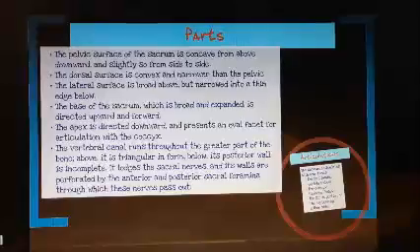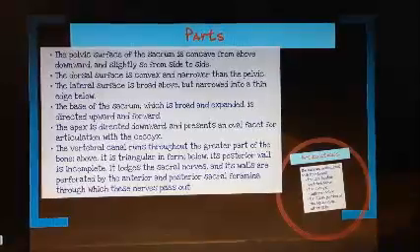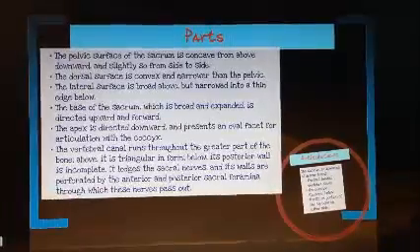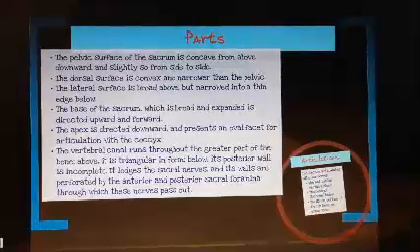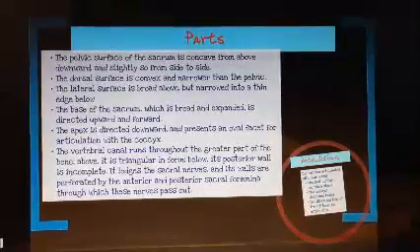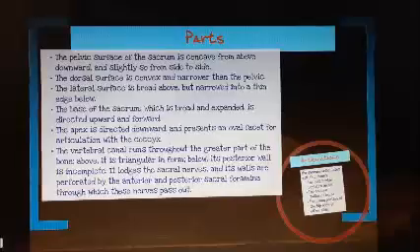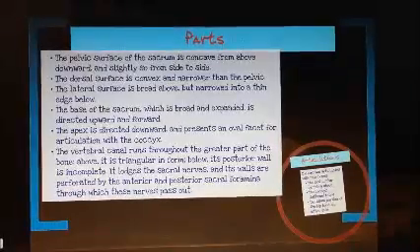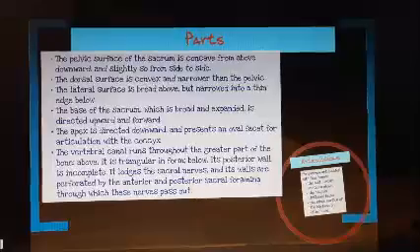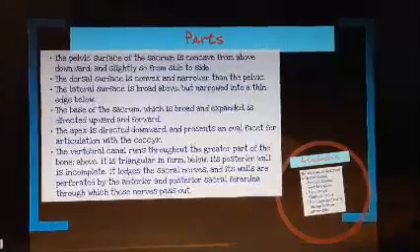The vertebral canal runs through the greater part of the bone. Above, it is triangular in form. Below, its posterior wall is incomplete. It lodges the sacral nerves, and its walls are perforated by the anterior and posterior sacral foramina, through which these nerves pass out.